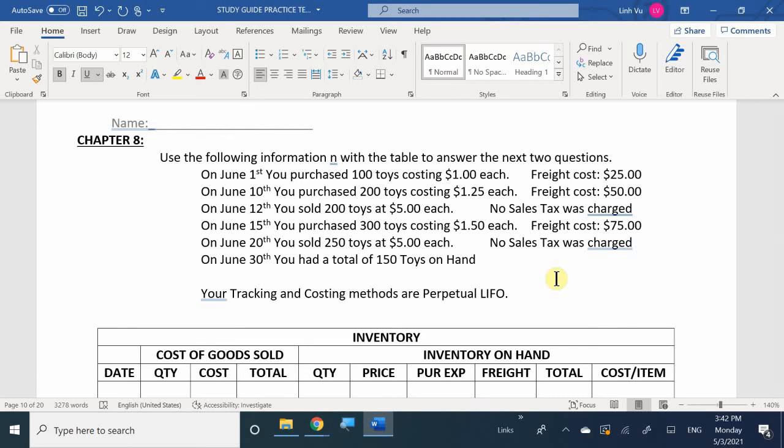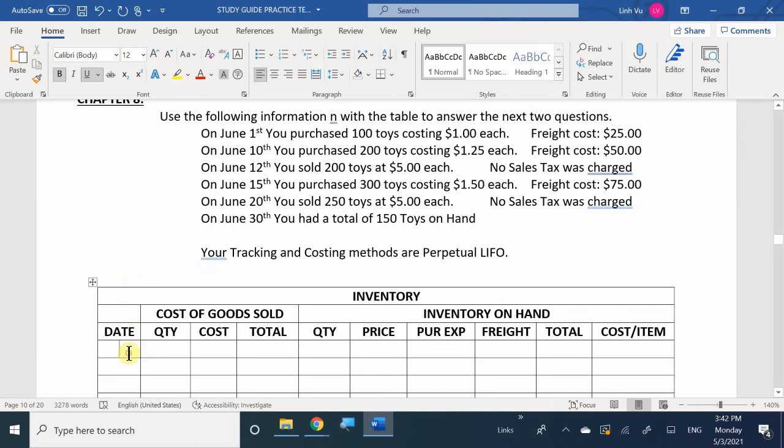So let's go ahead and take a dive into this. First things first, we recognize that we have a purchase on June 1st. Now let's discuss. How much did I purchase? 100 toys costing $1 each with a freight of $25.